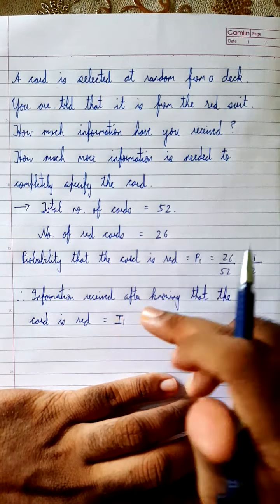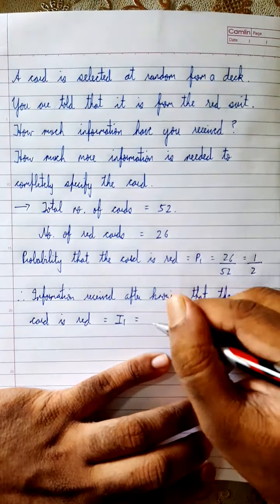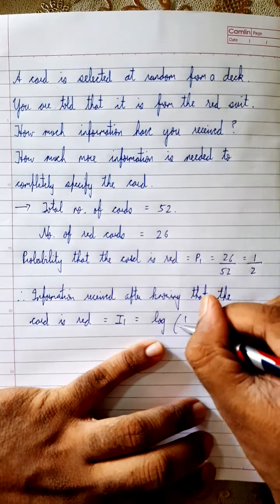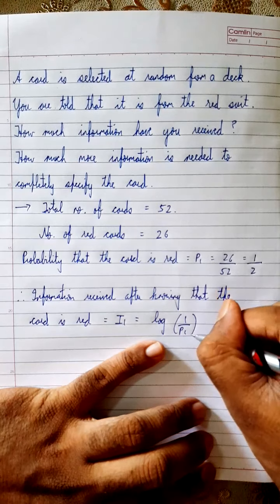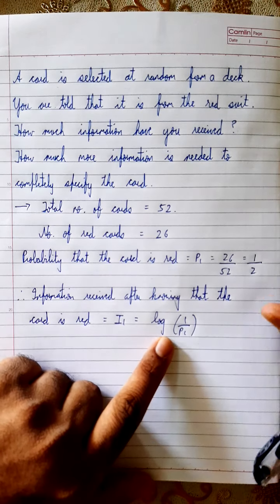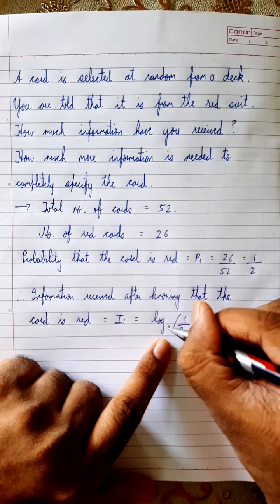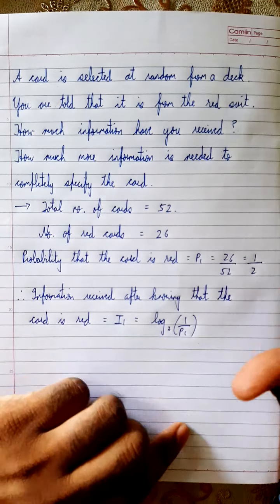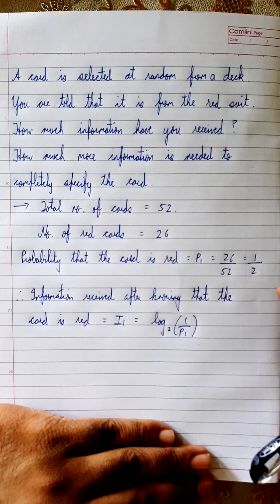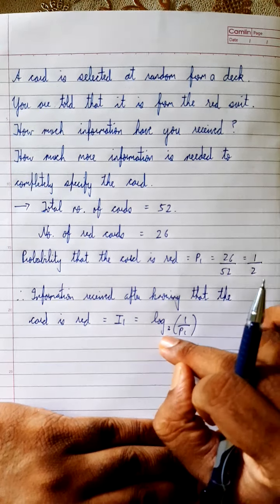Because this is P1, so let's call it I1. So I1 is equal to log of 1 by P1. It's okay even if you don't write the base, but it's understood that the base is always 2, because in this subject we always express the information in units of bits. That's why the base should always be 2.